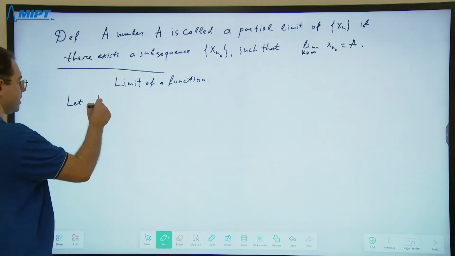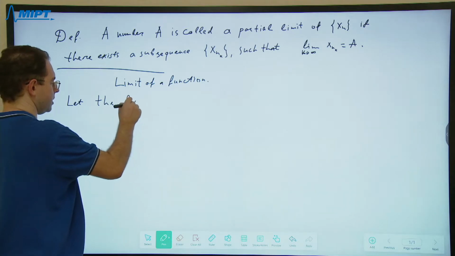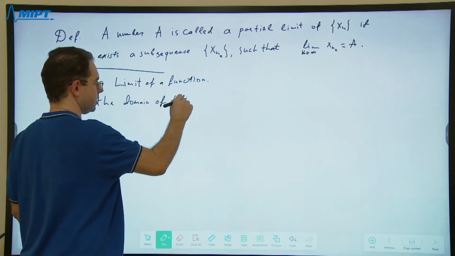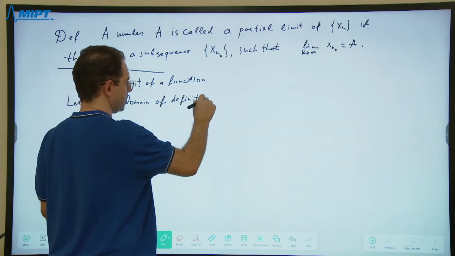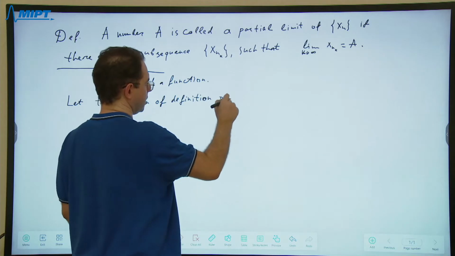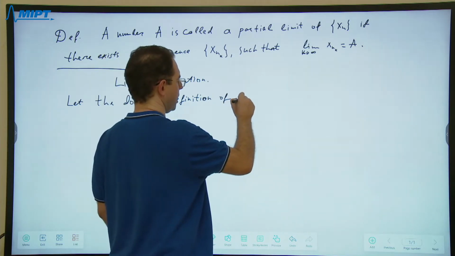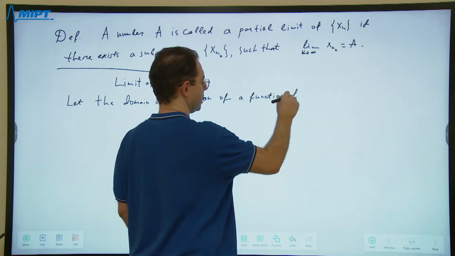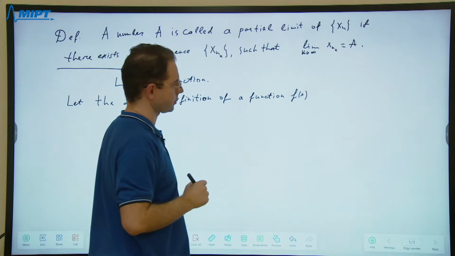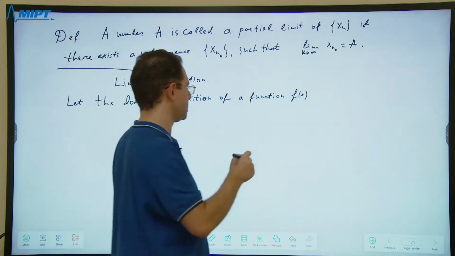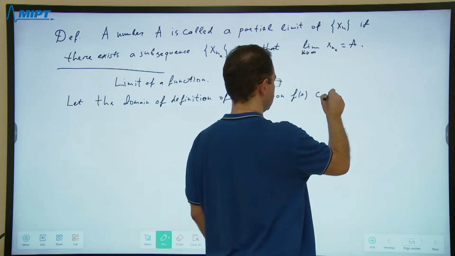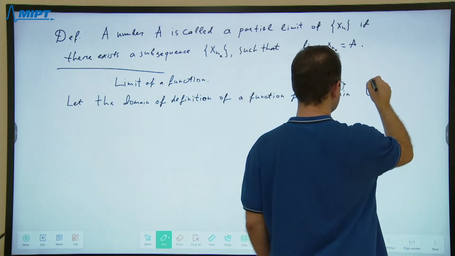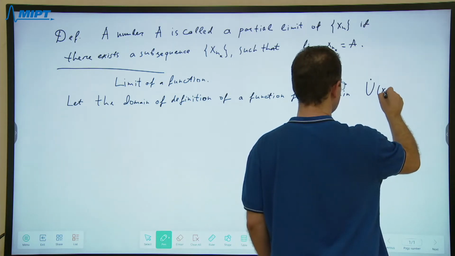So let the domain of definition of a function f contain some deleted neighborhood of point x0.